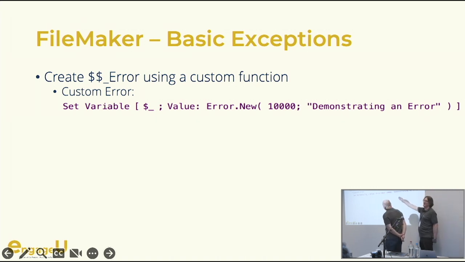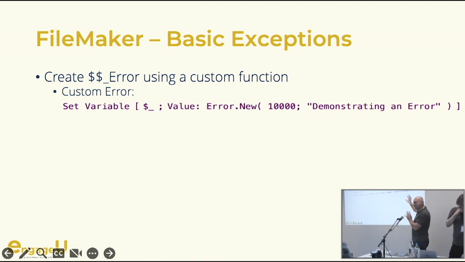Oh, don't look at the code. Okay, sorry. For anyone that doesn't understand what's going on here, I'm not assigning any result of my call to a variable. I'm just using the calculation engine, and inside of Error.New, there's a Let statement that creates the global variable.